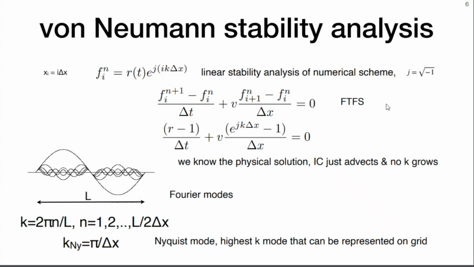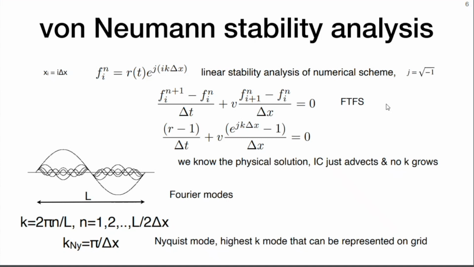Okay, so if you substitute this form in this difference equation, what you'll get is the evolution of a particular Fourier mode with wave number k. So if you substitute here, you'll get R^{n+1} e^{ikx_i} at f_i^{n+1}.